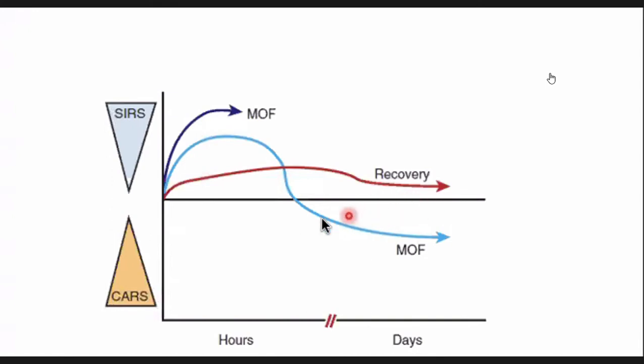If the patient goes into more of SIRS, the patient can have multi-organ dysfunction. Also if more of CARS, multi-organ dysfunction. So we would always want the patient to be maintained in between SIRS and CARS so that the patient can fully recover, just like the principle of homeostasis.